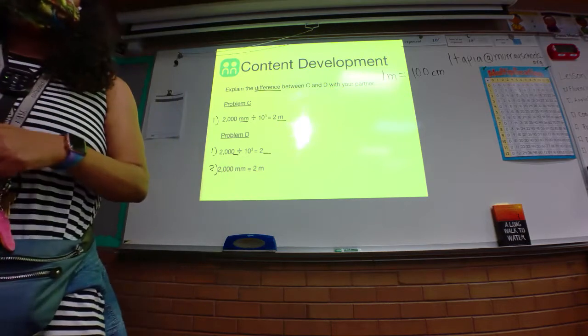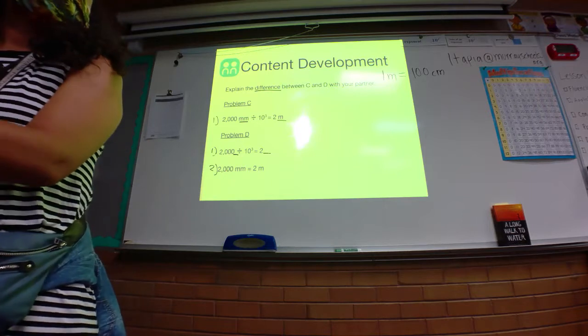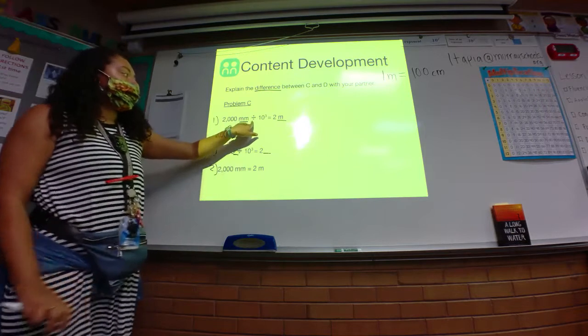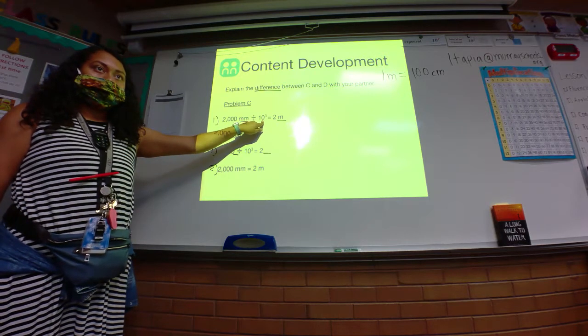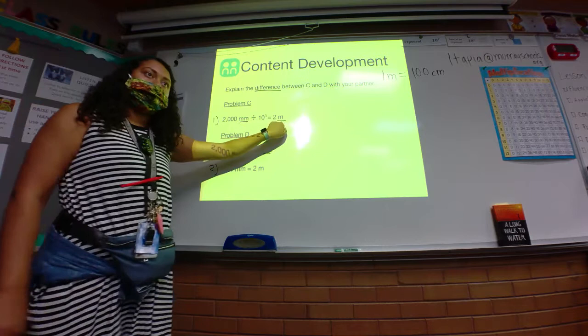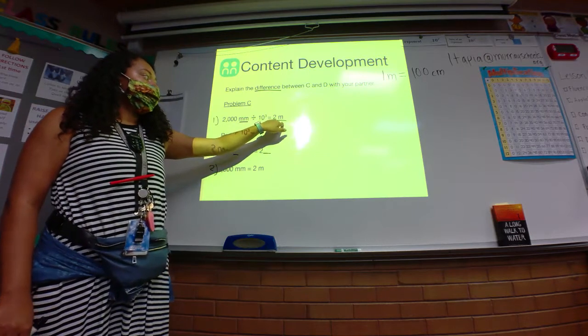So Ms. Tapia, we talked over here about how the top one, problem C, when you do 2,000 millimeters divided by 1,000, we thought we would still be in millimeters. So we thought that problem C was supposed to have the answer of 2 millimeters.